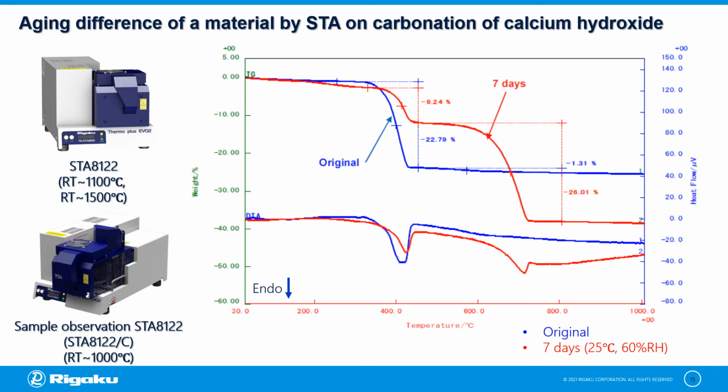On the other hand, the sample kept at 25 degrees, 60% relative humidity for 7 days, as shown in the red curve, allowed the sample to absorb carbon dioxide from the air atmosphere, and a part of calcium hydroxide has changed to calcium carbonate, which resulted in a low percentage of dehydration at 410. While the mass loss at 600 degrees centigrade is due to the decomposition of calcium carbonate.